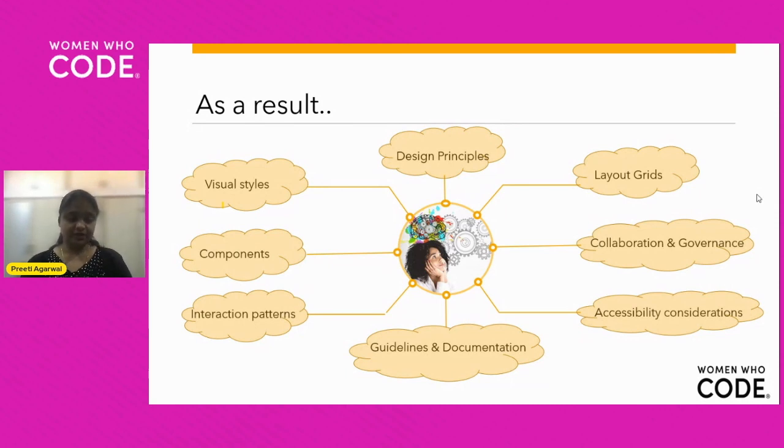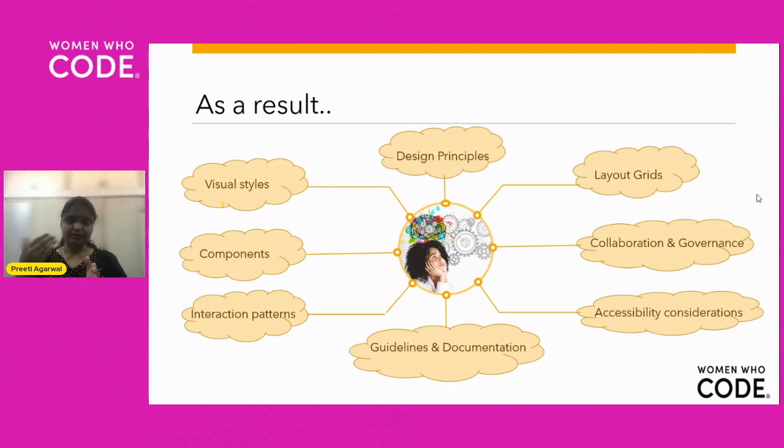Then they also said, okay, these are the components. Now if you get into a little complex layout, they also need layout grids. Grid system and layout guidelines are something that will establish consistent spacing and alignment in the screens, and the animation and micro interactions, they need to take care of that as well. So apart from components, they also listed layout grids and all that.